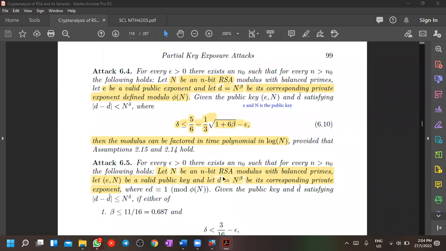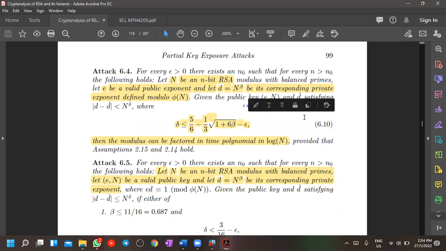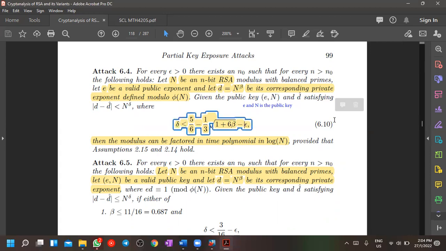Okay, so attack 6.4, where we let n be an RSA modulus with balanced primes. We let e be a valid public exponent and let d equal n to the power of beta be its corresponding private exponent modulo phi(n). We are given the public key e and n, and d tilde satisfying this condition, where we use this equation 6.10.